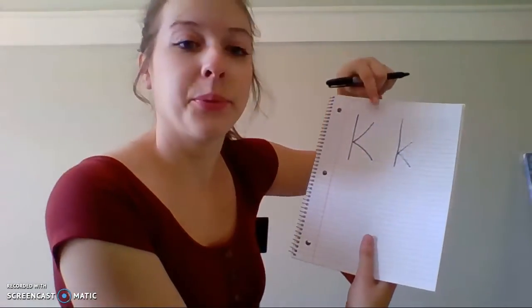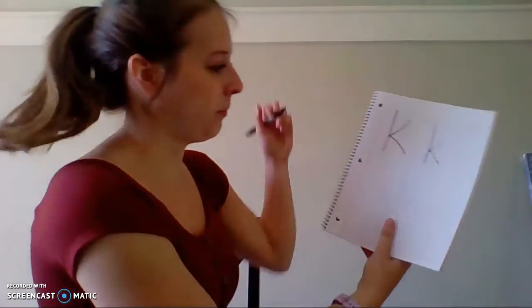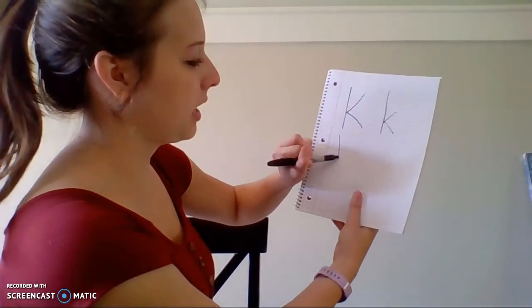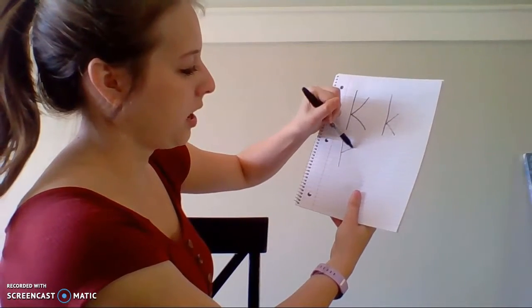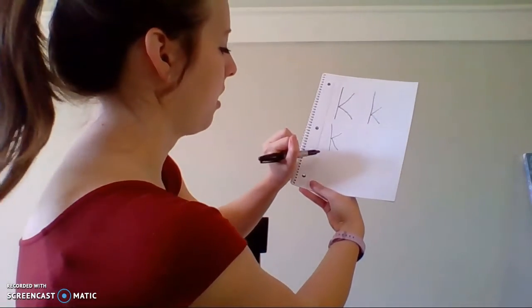Let's practice writing some K's. First, I will write on my paper, and then we can write in the air together. Then you can practice at home. Here's a capital K. A capital K is a big line down, little line up, little line down. Let's try again.